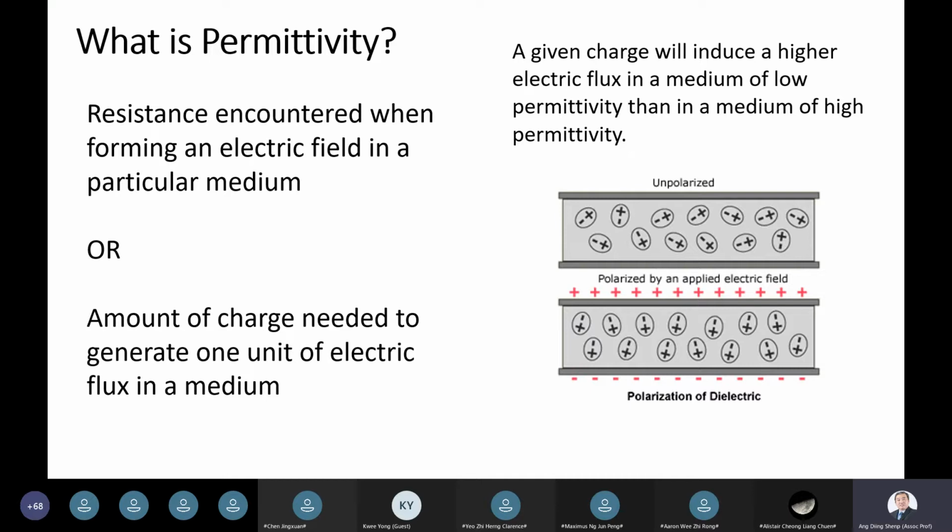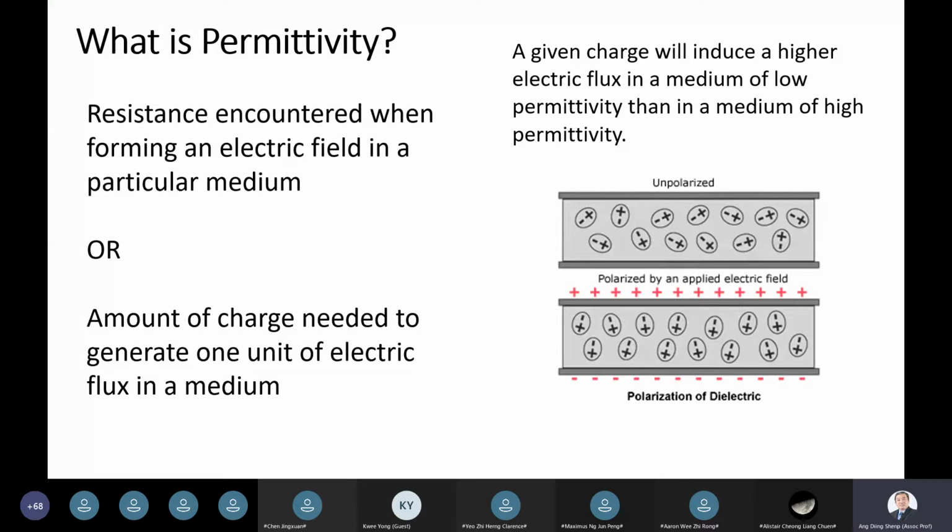In the presence of an electric field, the electric field can cause relative movement between the electron cloud and the nucleus. As you know, the nucleus is positive, the electron cloud is negative. So if you apply an electric field in a particular direction, it will tend to shift the electron cloud relative to the nucleus, and this can cause instantaneous polarization of the material.